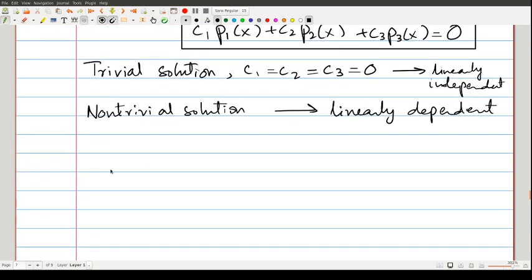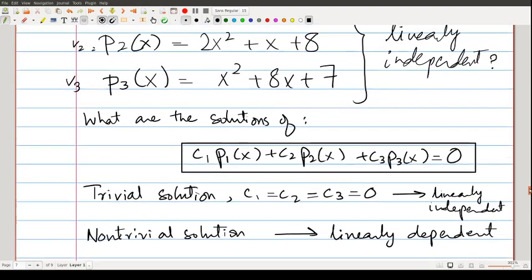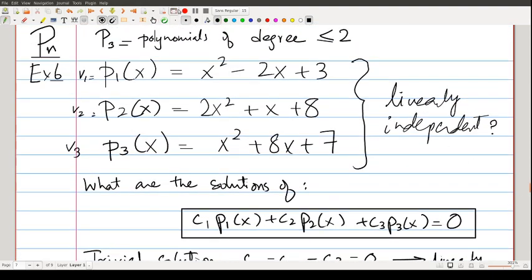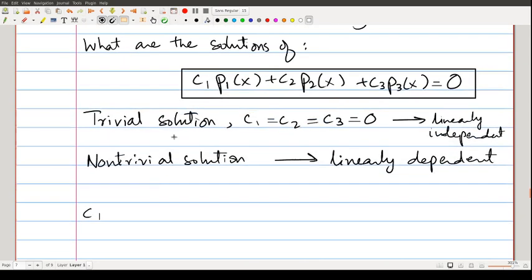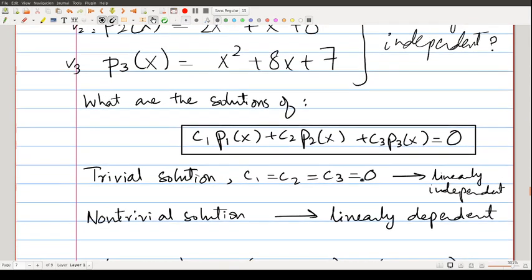So c1 p1(x), let me look at what p1 was. So p1 was x squared minus, let me just copy this from here, paste it here. So this is c1 times p1 plus c2 times, let me just make some space for c2, and c3 times this equals 0.